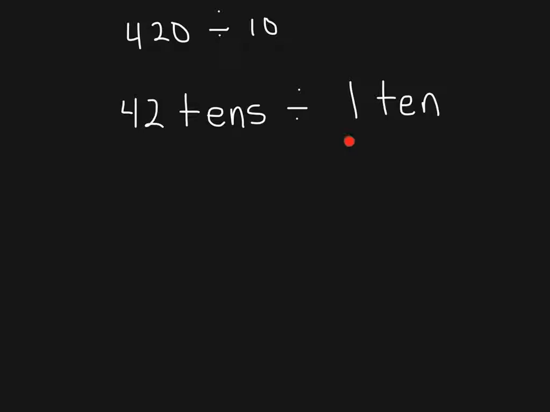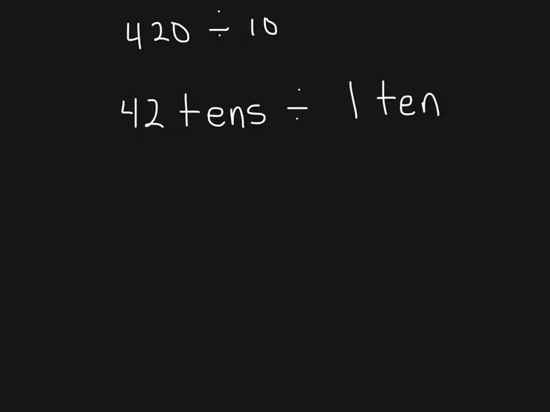When we're using the unit form, we always want to look at the divisor and change that into a unit. So 10 is the same as 1 ten, and I want to use the same unit over here. So I want to use tens, and I know that 420 is 42 tens, of course.